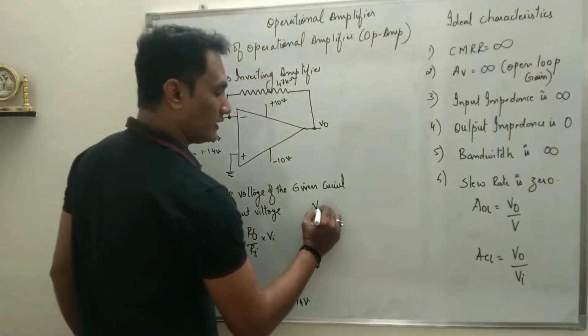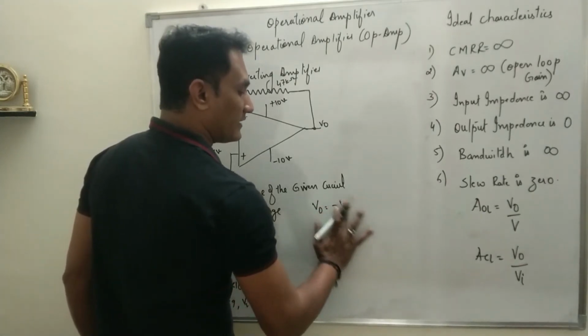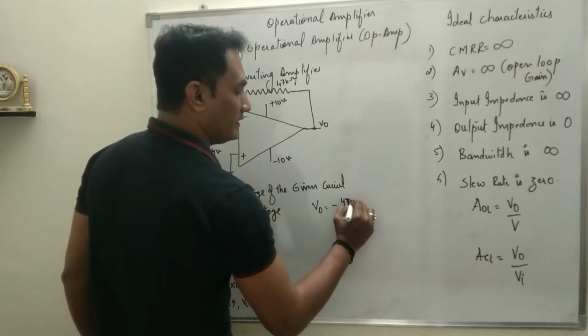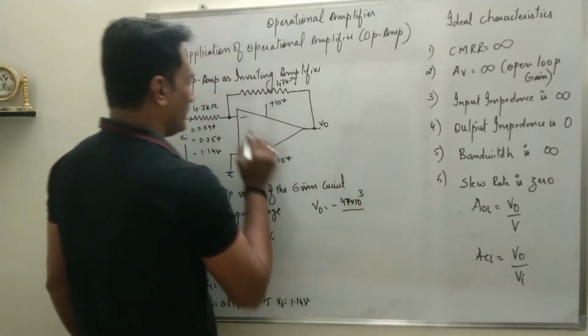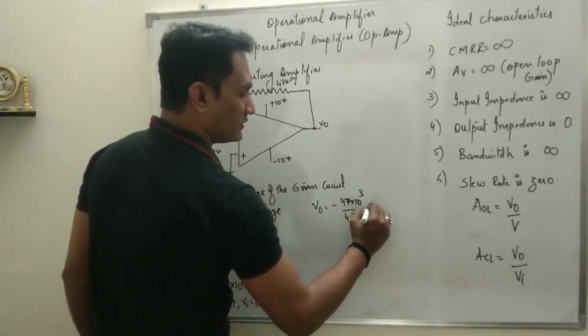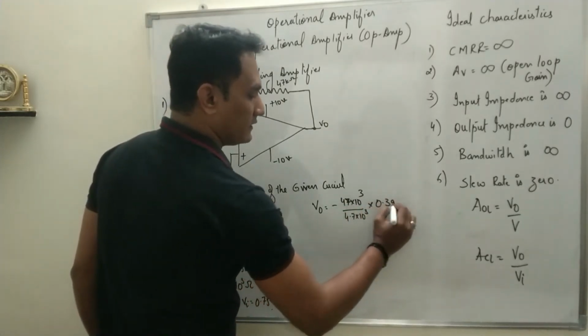So output voltage is minus RF upon Ri. What is RF? RF is 47 into 10 to the power 3. And what is Ri? 4.7 into 10 to the power 3, multiplied by the first input voltage, 0.39.